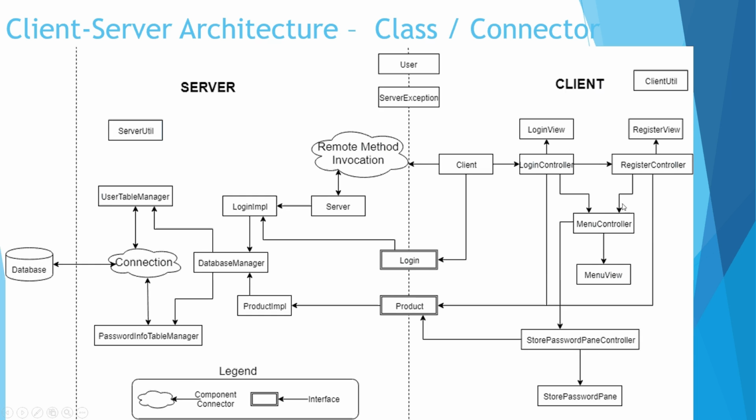And this is basically just a network of all the controllers and views for the graphical user interface that client uses. In turn, all these controllers will have access to product, making the calls to the database backend and the server functionalities once a user is actually logged in. And you can see the relationship here as everything ties back to the database manager, because most of the data will be coming from the database.